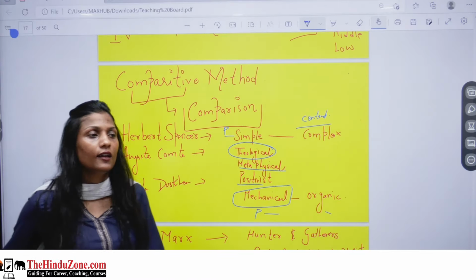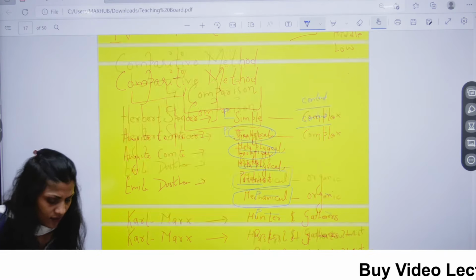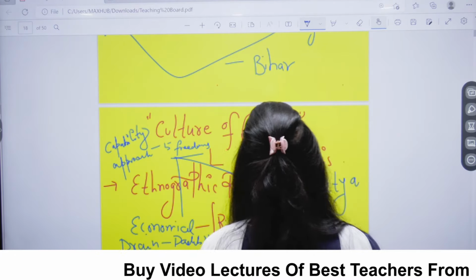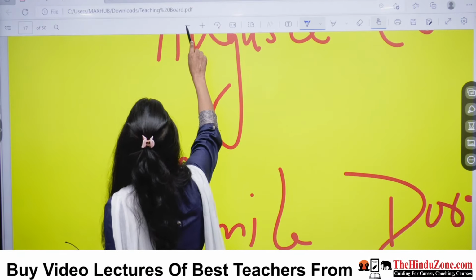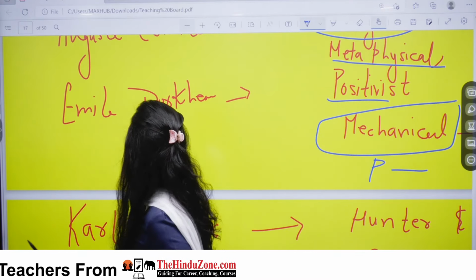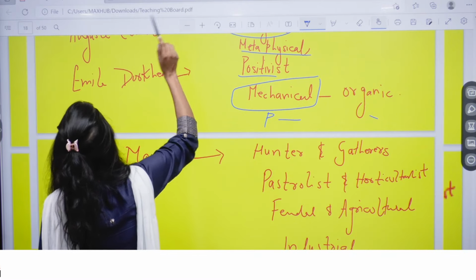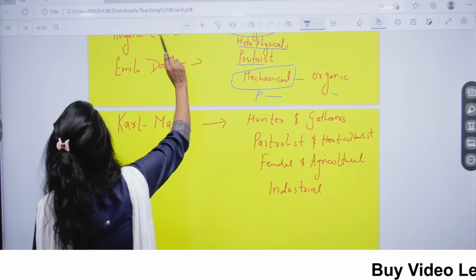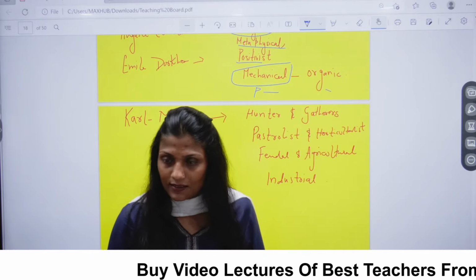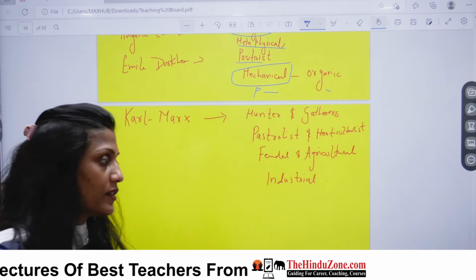Please write down two methods. In sociology, we have diverse methods by which we conduct studies. One of the popular methods is the comparative method. Most sociologists, classical sociologists, and even in today's time, use the comparative method.